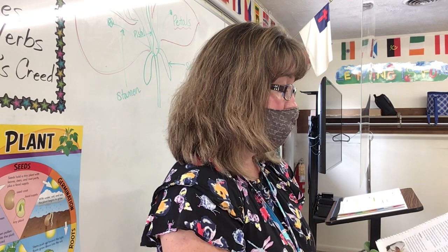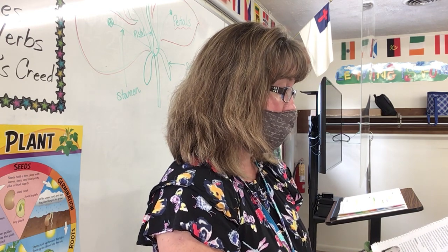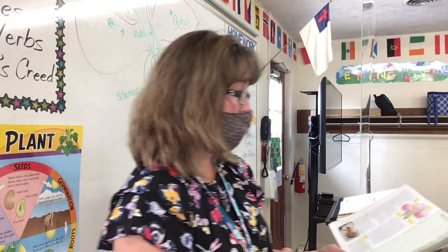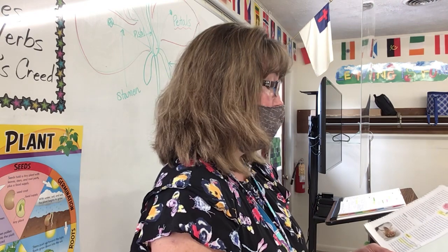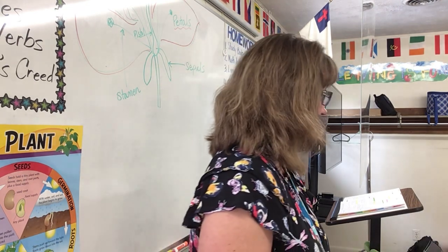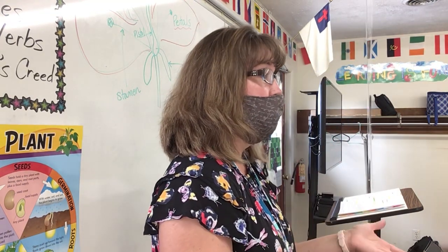After the flower is pollinated, tiny sperm cells in the pollen fertilize or unite with the undeveloped seeds at the base of the pistil. Now the seeds will be able to grow into new plants after their own kind. So it's almost like you have your male and your female.